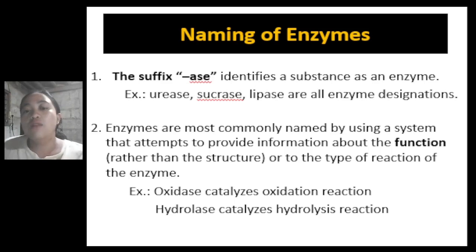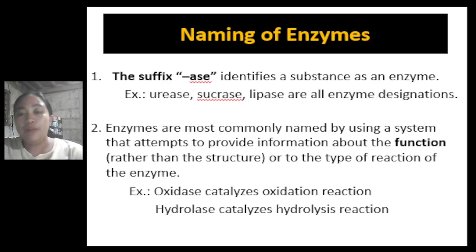Enzymes are most commonly named using a system that attempts to provide information about the function rather than the structure, or the type of reaction of the enzyme. For example, oxidases catalyze oxidation reactions while hydrolases catalyze hydrolysis reactions.